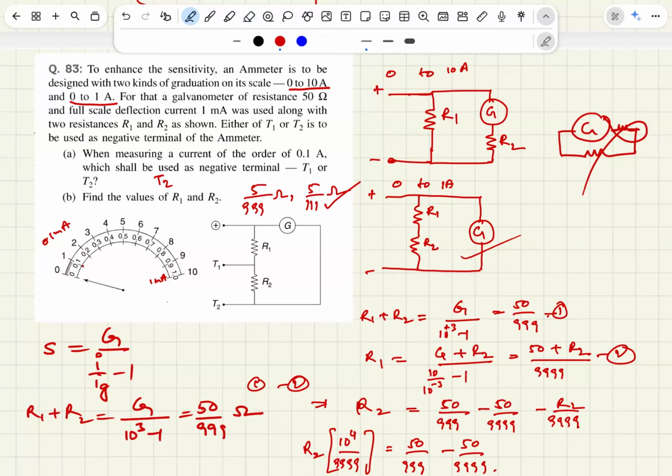Now you have two options. One is 0 to 1 ampere. Another is 0 to 10 ampere. How?